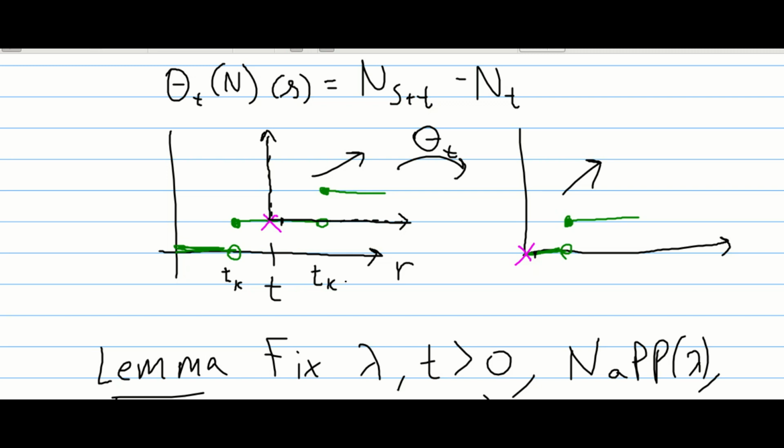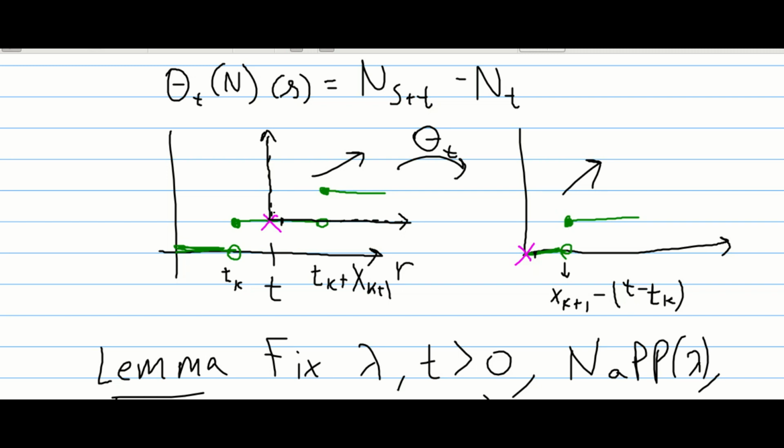And here we have tk plus X_{k+1}. So what we have between this time and this time is tk plus X_{k+1} minus t, which we can also see as X_{k+1} minus (t minus tk). This is important because this appears in the definition below.